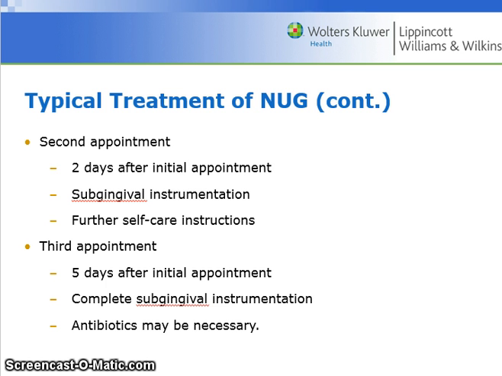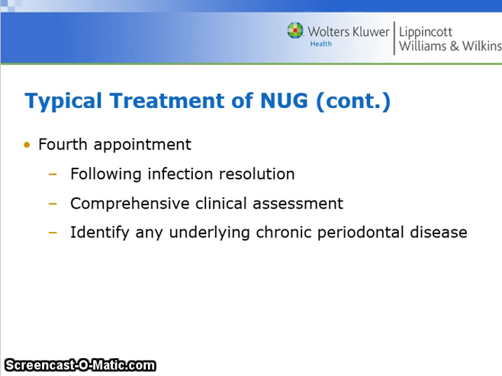The patient may require antibiotics. The fourth appointment is following the resolution of the infection. At that time, a comprehensive clinical assessment is made and identification of any underlying chronic periodontal disease is done.